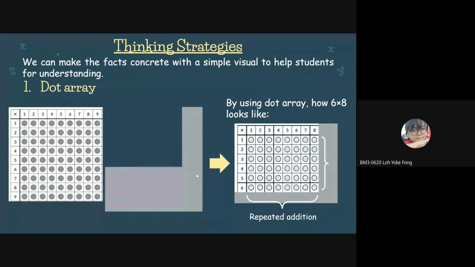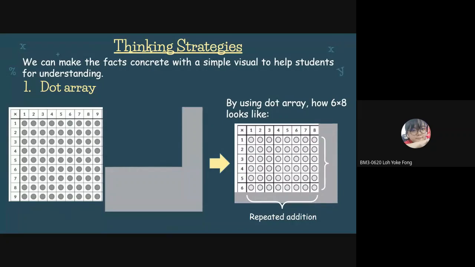By using the dot array, the L-shaped colored paper is needed to block the parts that we don't want to see. Let's say we need to see 6 times 8. How will 6 times 8 look? Then the L-shaped paper will move and become the second picture there.